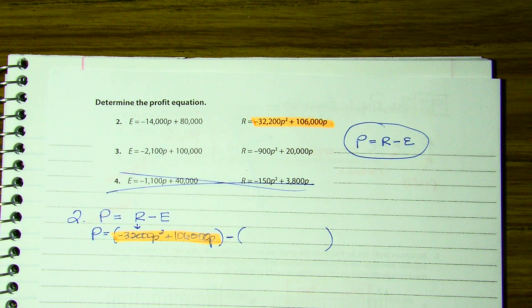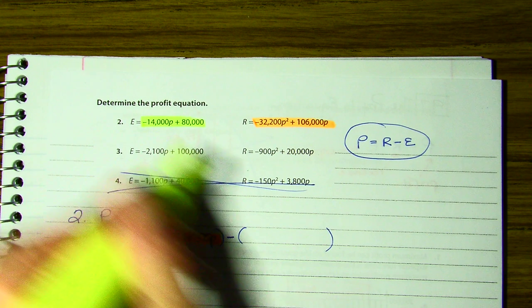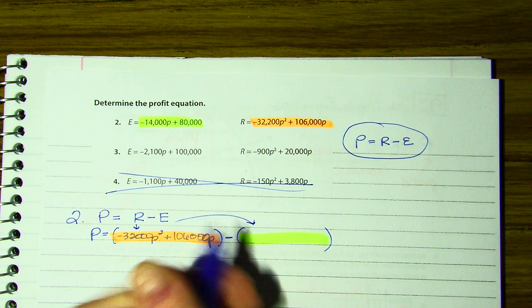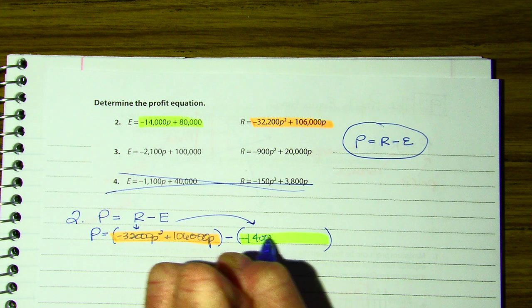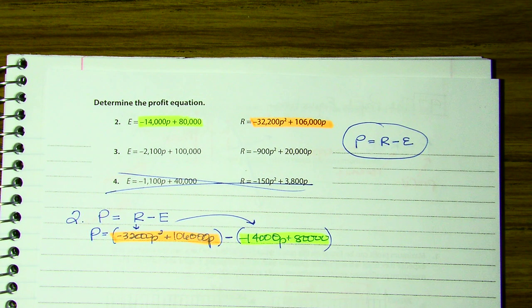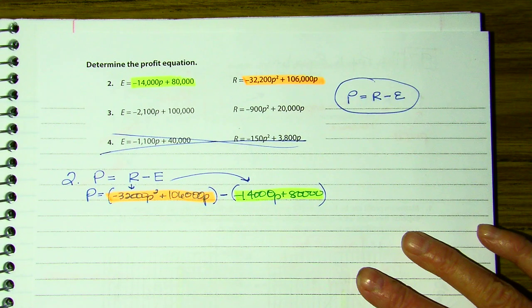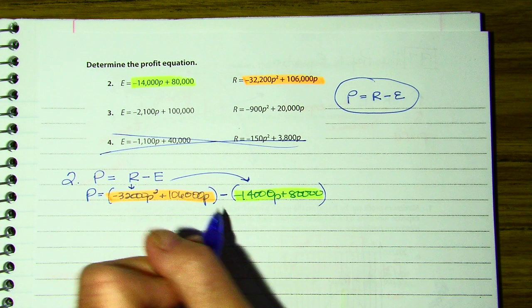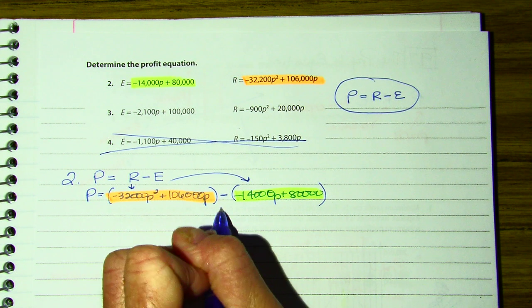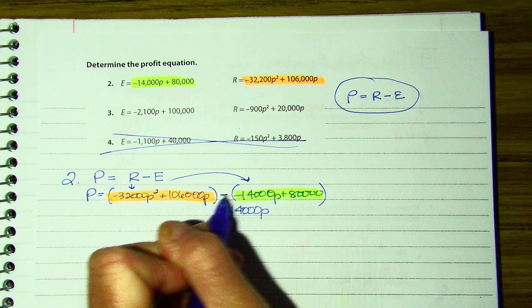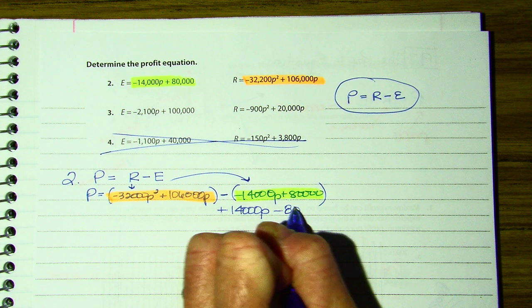And then now I'm plugging in my expense equation here, which is negative 14,000 P plus 80,000. Now, I'm going to subtract. So when I subtract, it's going to change a negative 14,000 P to 14,000 P and a negative 80,000.